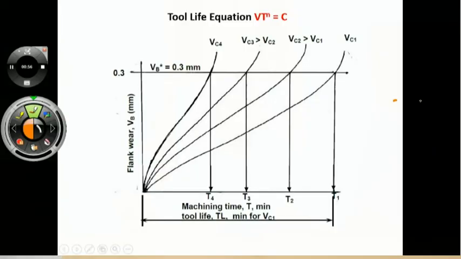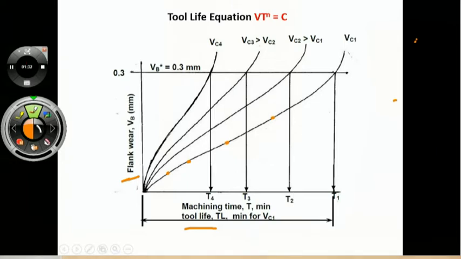So by considering the profile of wear, you can see here in the figure, suppose on the x-axis there is tool life and on the y-axis there is flank wear. At different times of machining, you measure the flank wear in mm.